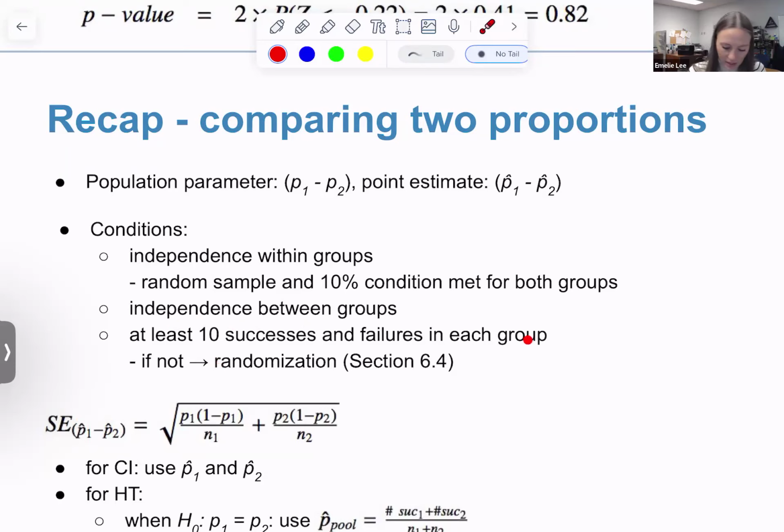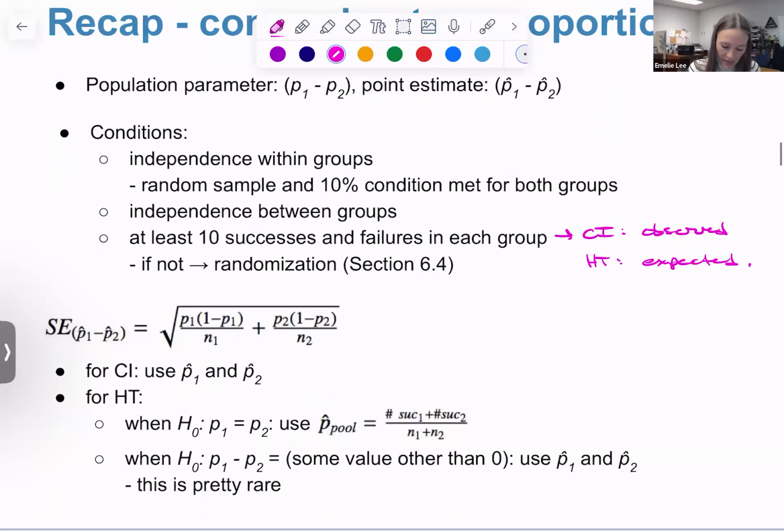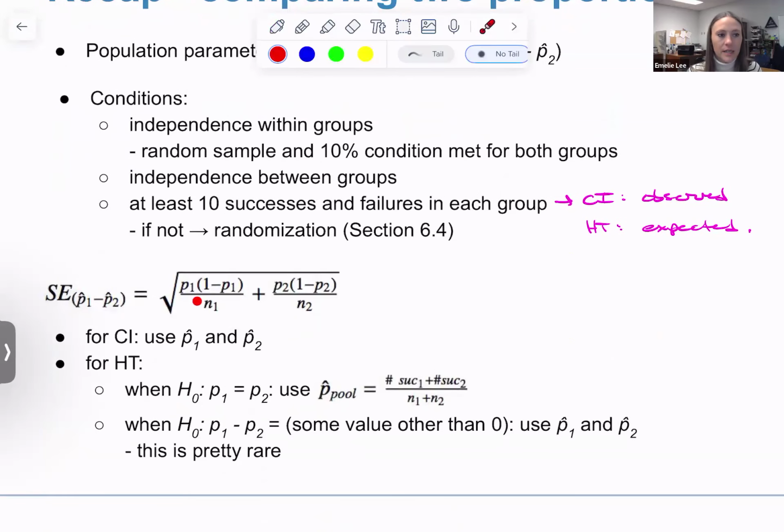And this one is where it changes. For a confidence interval, we need the observed, versus for a hypothesis test, we need the expected, or the hypothesized. And that's where we use the pooled proportion. Okay. And then we had the standard error just generically, right? But depending on if we had a confidence interval, then we use P1 hat and P2 hat in place of these P1s and P2s.